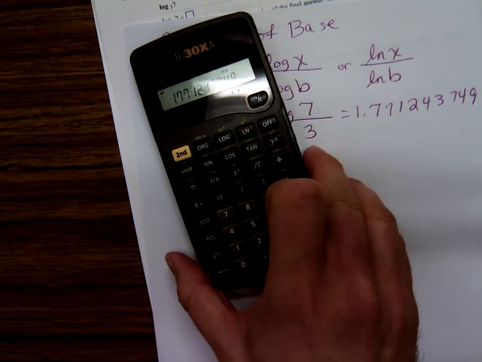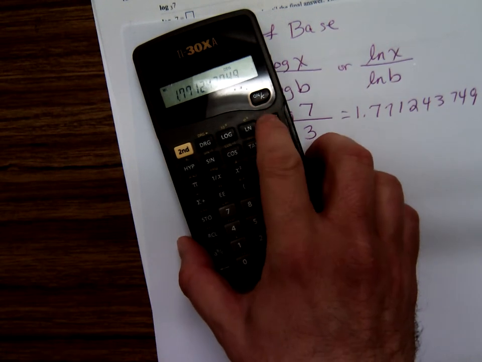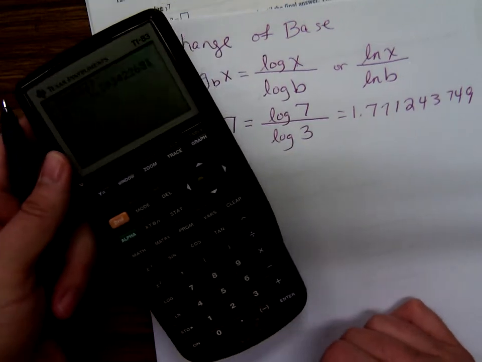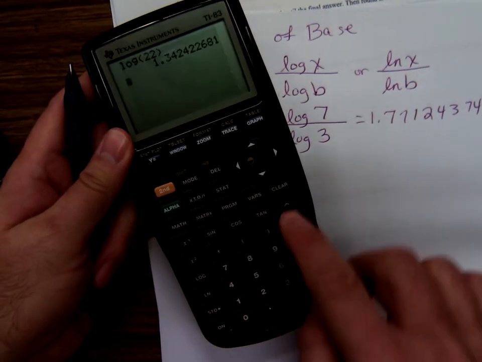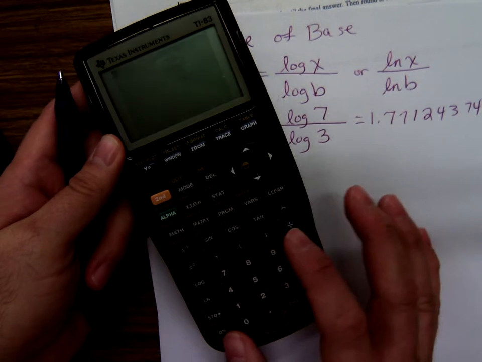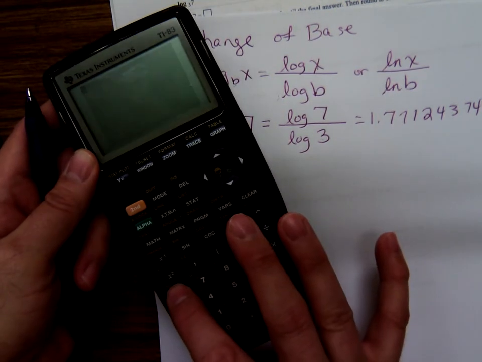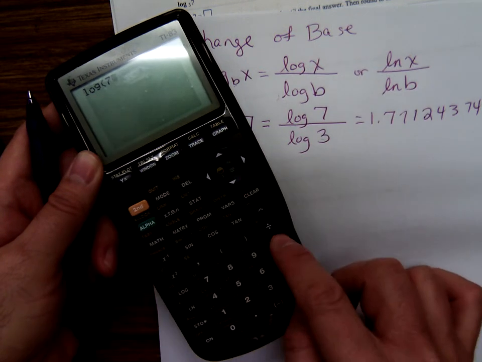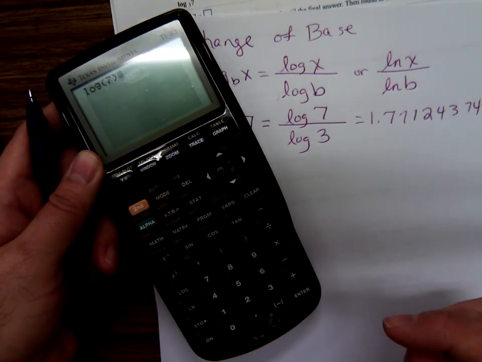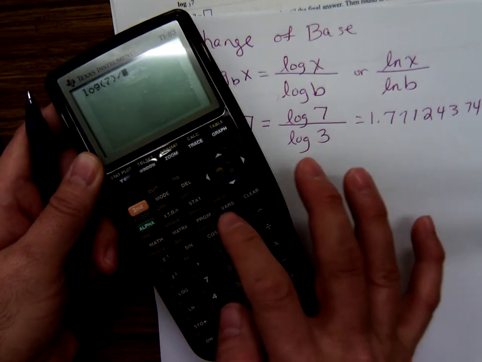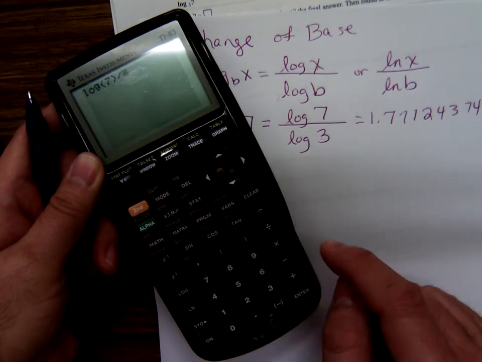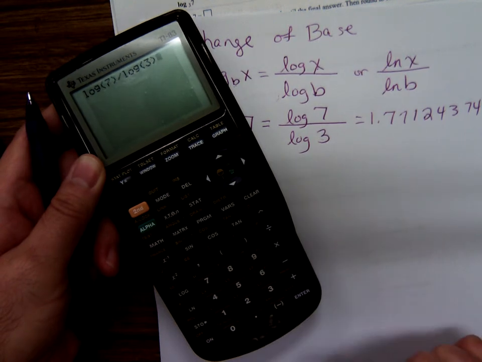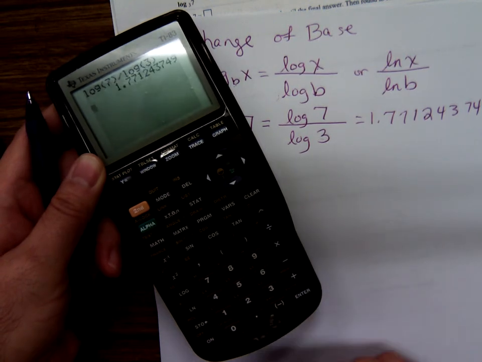With the graphing calculator, you pretty much enter it the way it's written, but you must pay close attention to the parentheses. Log 7. Notice the way those parentheses open, so you need to close them. Divided by log 3. Get into the habit of closing the parentheses. Enter. Same number.